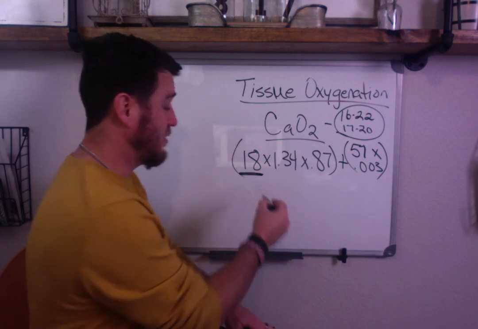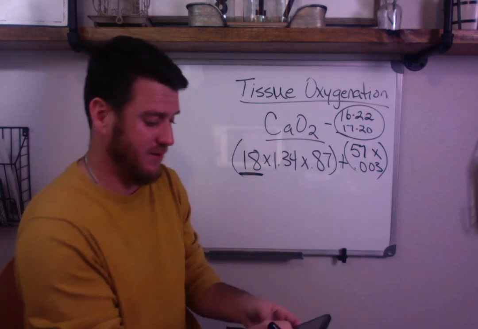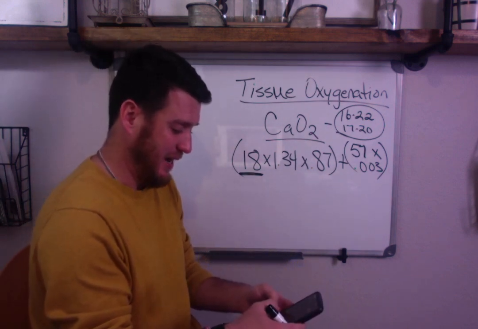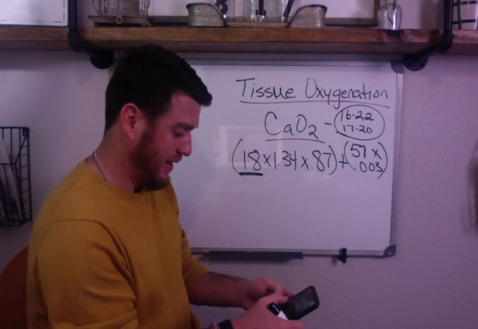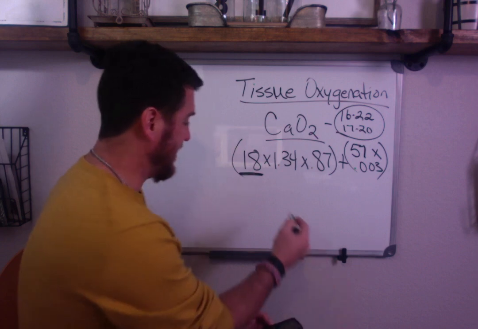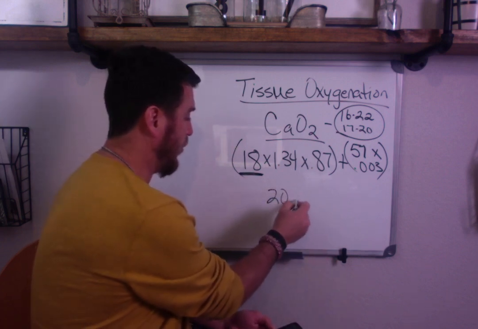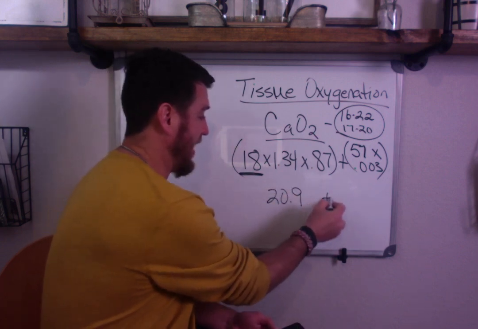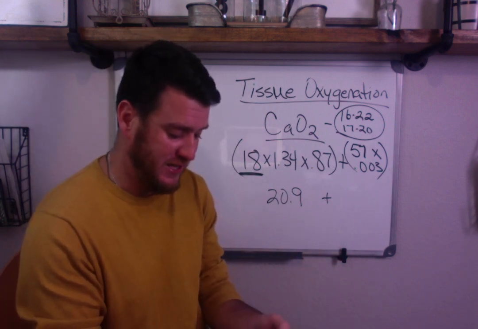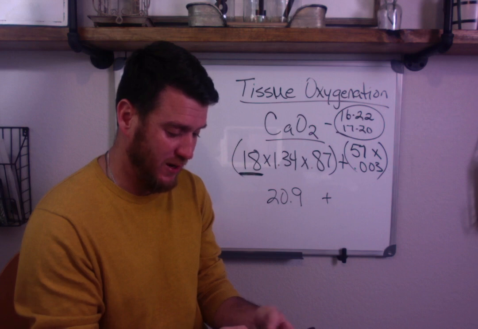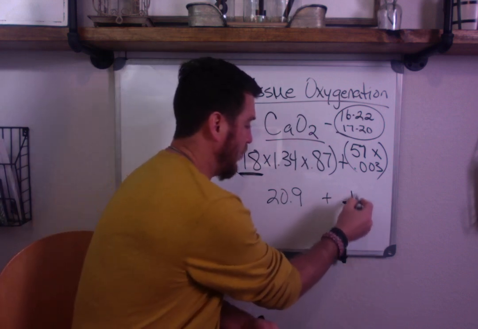Now, when you do 18 times 1.34 times 0.87, this gives us 20.9. And we're going to add this to a number that's not even going to matter, 57 times 0.003, and we get 0.17.